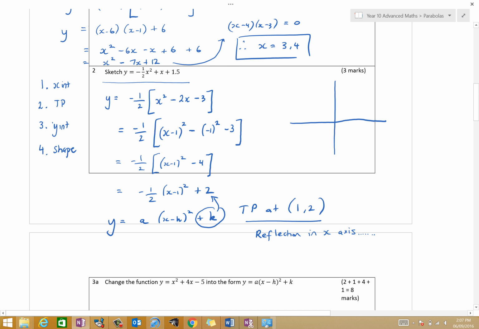Now, what I would suggest you do at this point, so we get an idea, is mark out, this is my x, this is my y, and the point 1, 2 is, let's just say, here. We know that it's going to go something like this. Now, the problem is we don't really know yet where the y-intercept is.